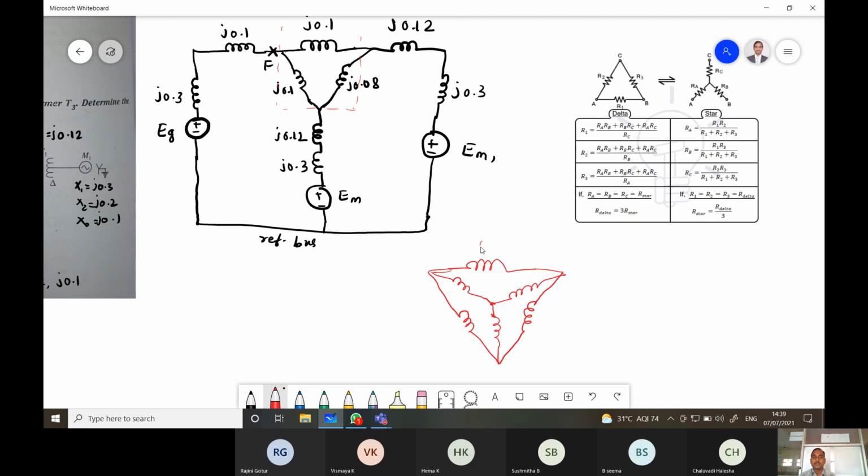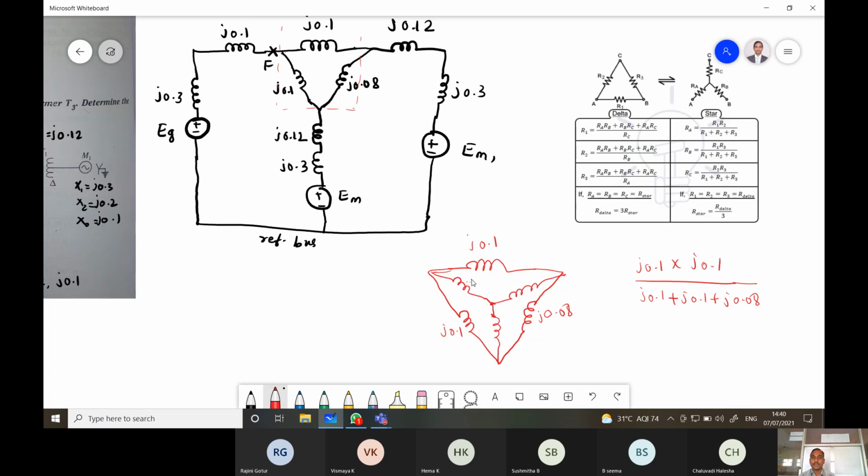Okay. So this is j0.1. This is j0.08. This is j0.1. Suppose I want this in between j0.1 and j0.1. I want this. So how much it is? This is equal to opposite reactances, j0.1 into j0.1 divided by sum of all these, j0.1 plus j0.1 plus j0.08.